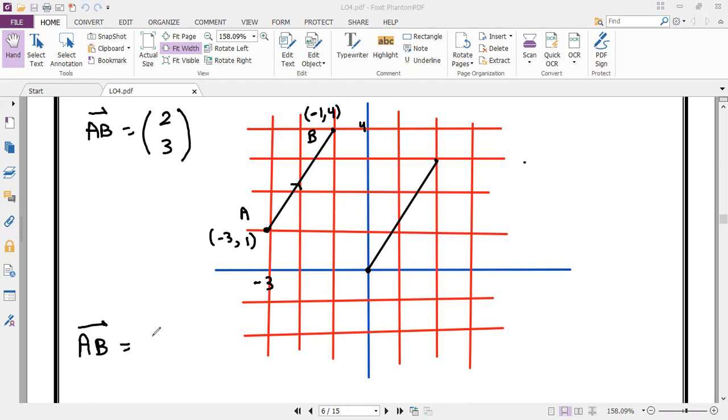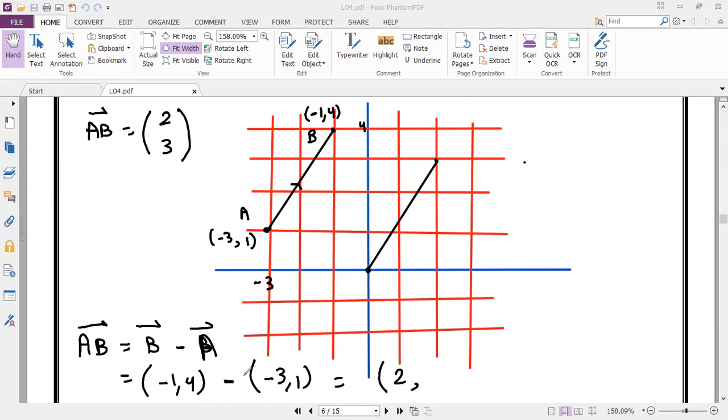The second way to find AB is by subtracting B minus A. B is defined as (-1, 4) minus A, which is (-3, 1). Subtract: -1 minus -3 is 2, and 4 minus 1 is 3. This is a way to find the position vector.